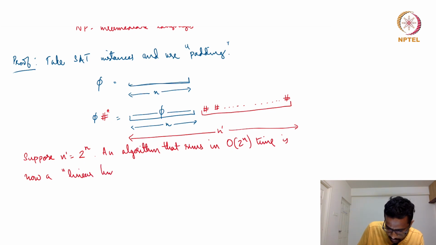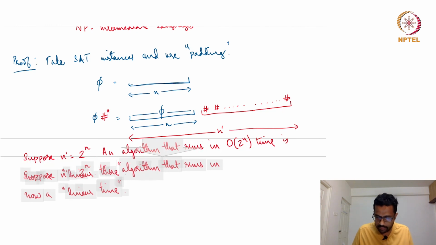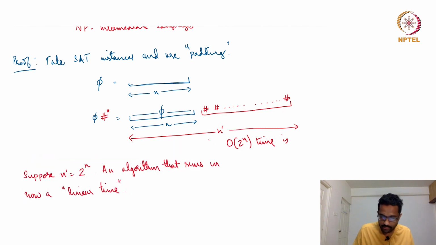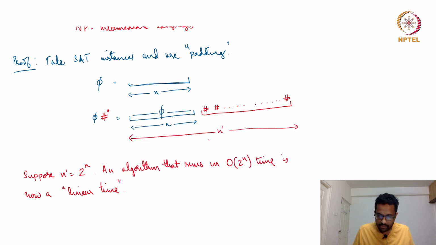It is just a constant multiplied by the input length, because the input length is now so much bigger, it's actually 2 power n, or it is a constant times n prime. So if n prime is sufficiently long, then it is a linear time algorithm, and linear time is obviously polynomial time.